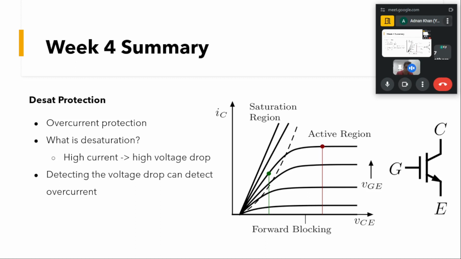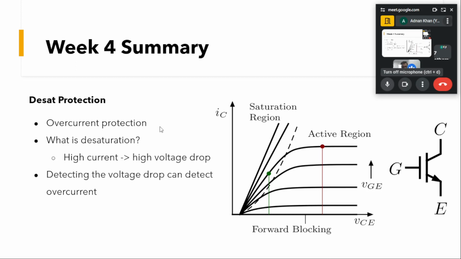So if our current is too high, that can cause damage to our devices within that time frame itself. We don't want that; we want something much faster that can protect our devices. And one such protection is this DSAT protection.